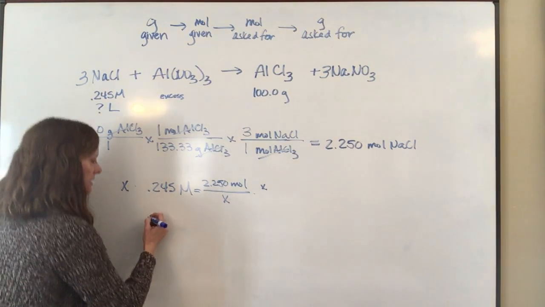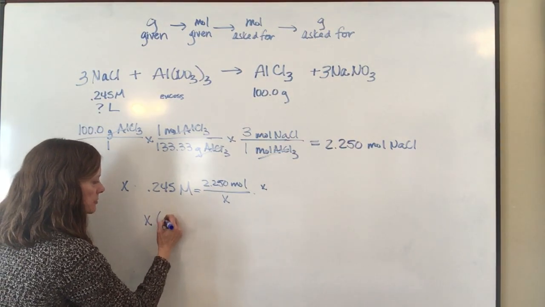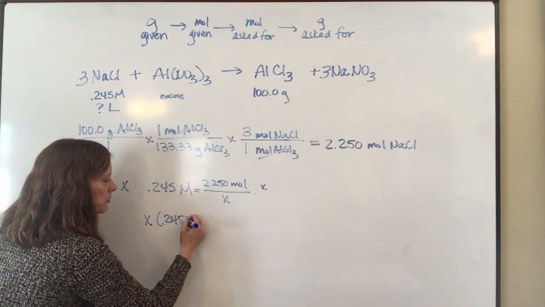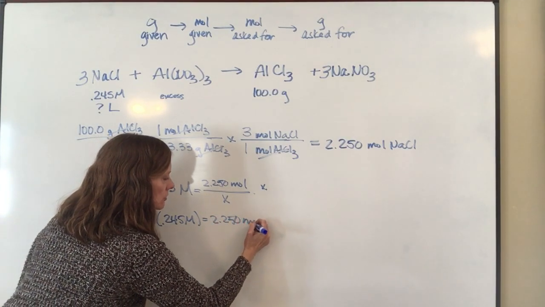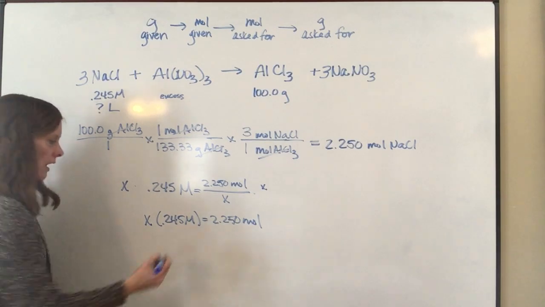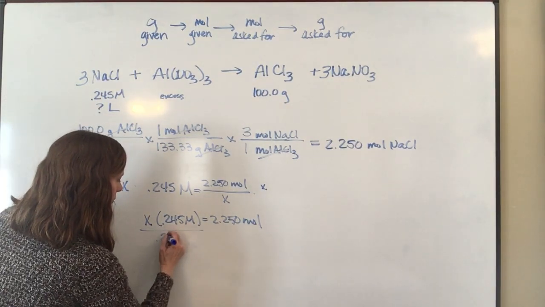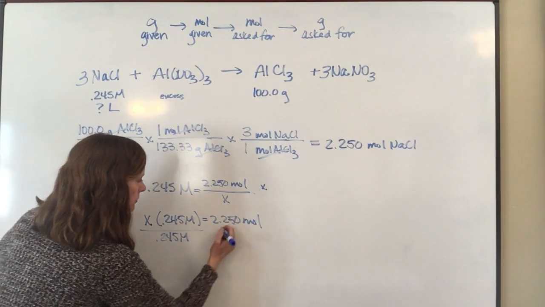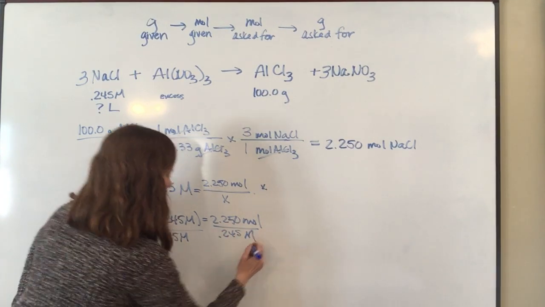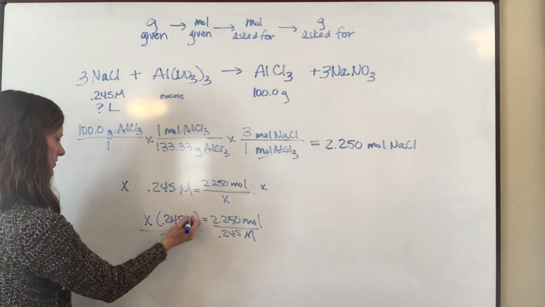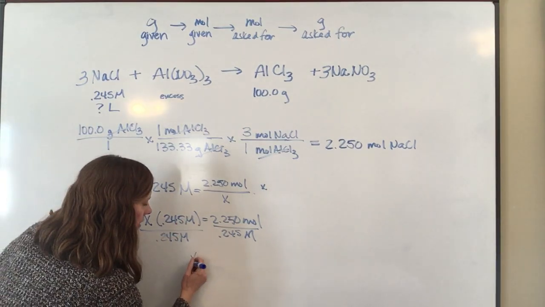Okay, so that's going to give me x times 0.245 molar equals 2.250 moles. All right, I'm going to divide both sides by 0.245 molar. And obviously this completely cancels out, leaving me with an x over here.